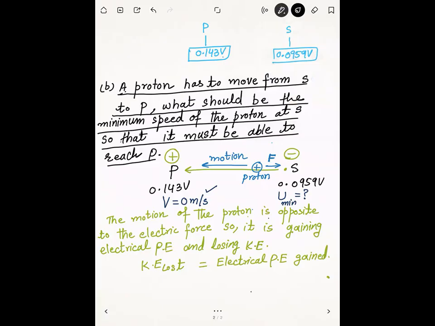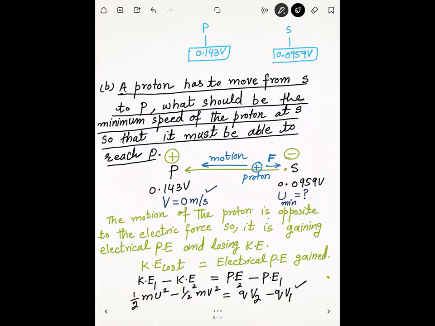So we'll say Ke1 minus Ke2 must be equal to PE gained, so Pe2 minus Pe1. So loss of Ke will be equal to gain of Pe. So we should write it as 1 over 2 mu square minus 1 over 2 mv square is equal to Q times V2 minus Q times V1.